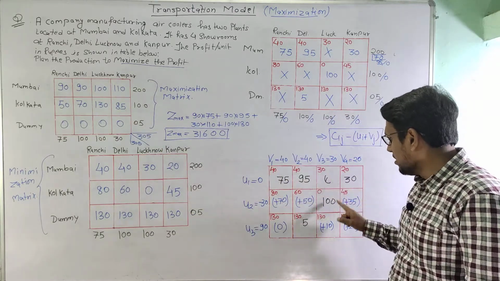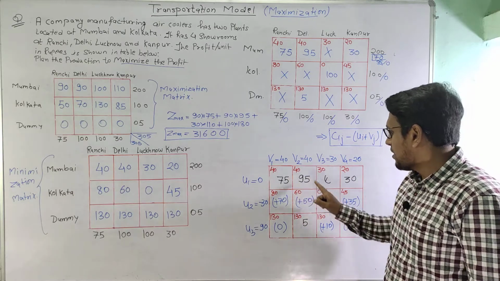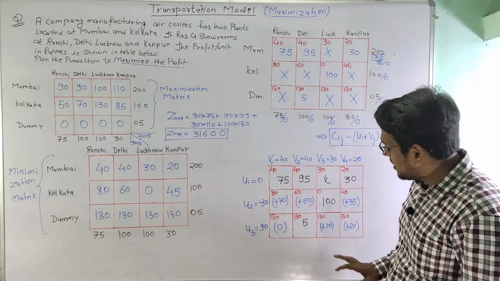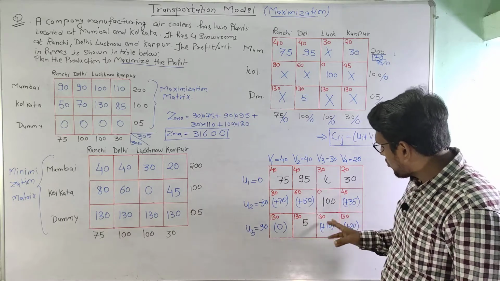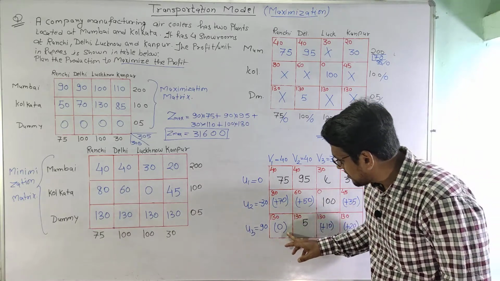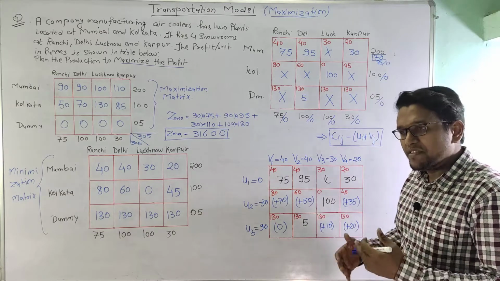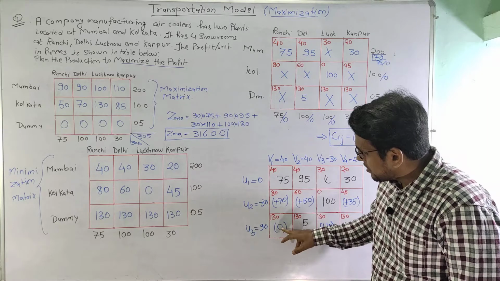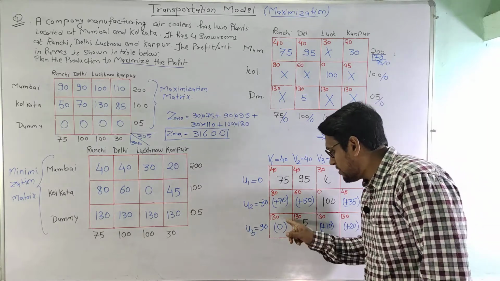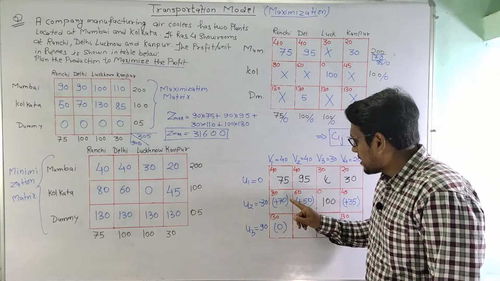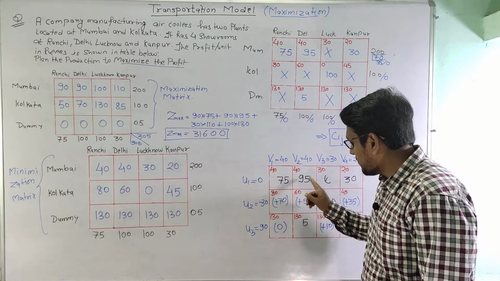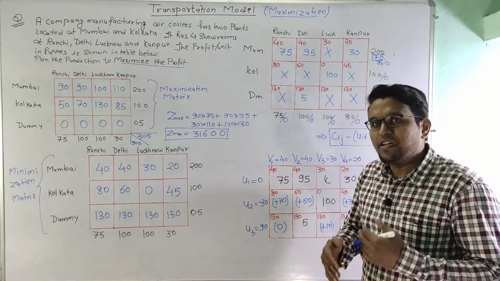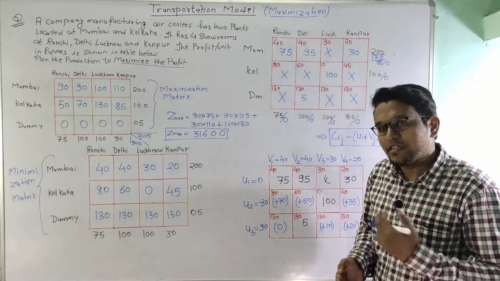So this is the Zmax, or maximum profit that can be obtained, and for this maximum profit this is the optimal allocation. One more thing we can see here is that one of the values in the non-basic cells is coming as 0, and in the previous lecture we have seen the case of alternate optima. This is 0, that means if I allocate 1 unit here, then it will definitely form a loop, and by allocating here our cost will neither increase nor decrease.